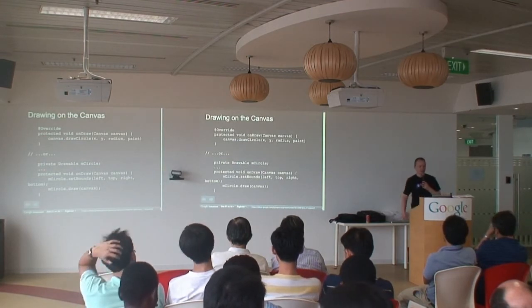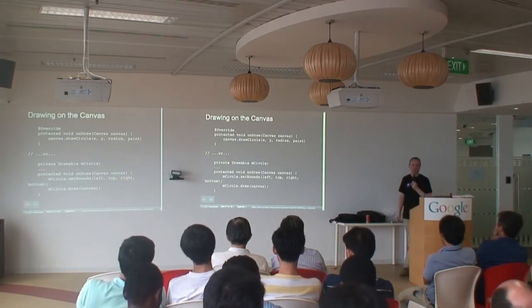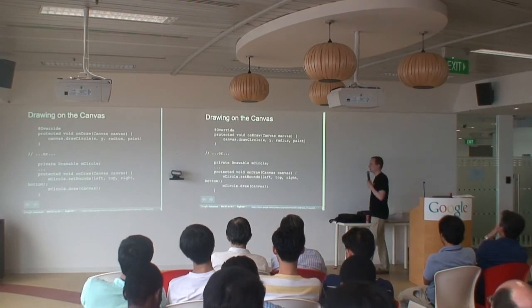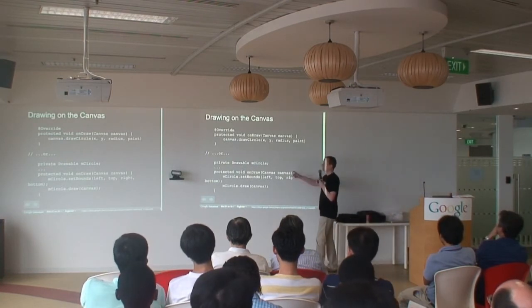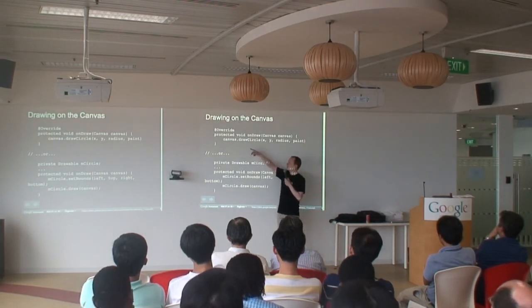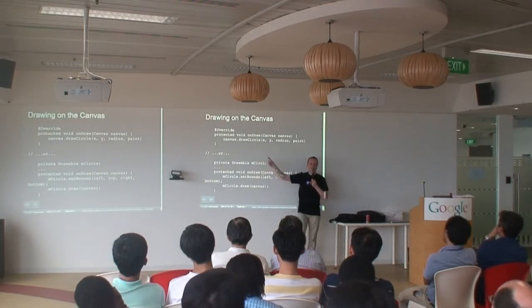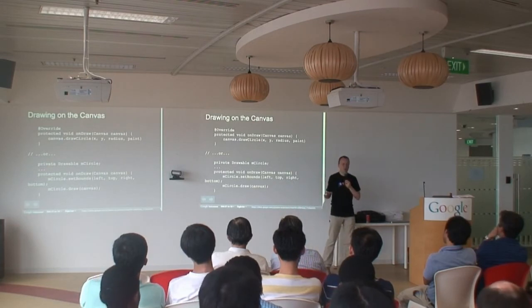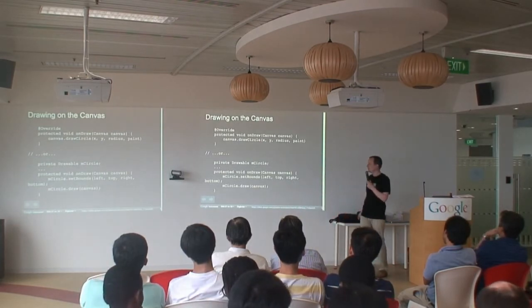Okay, so when we're drawing on the canvas, we can do this in two ways in Android. Either we can use the methods of the canvas object, like drawCircle, or other similar methods to draw boxes and other stuff.